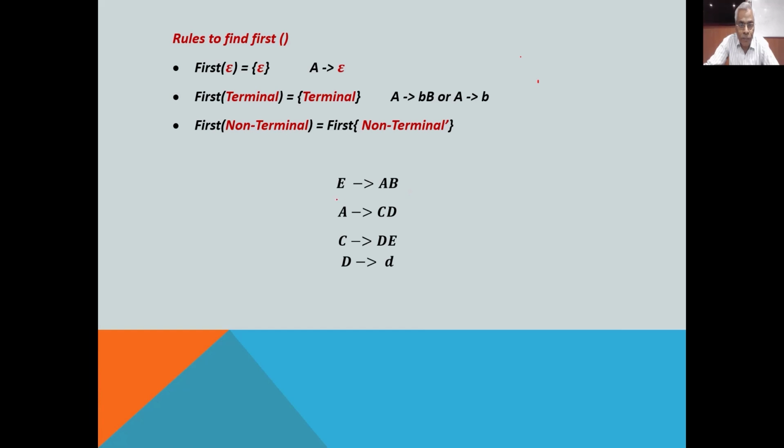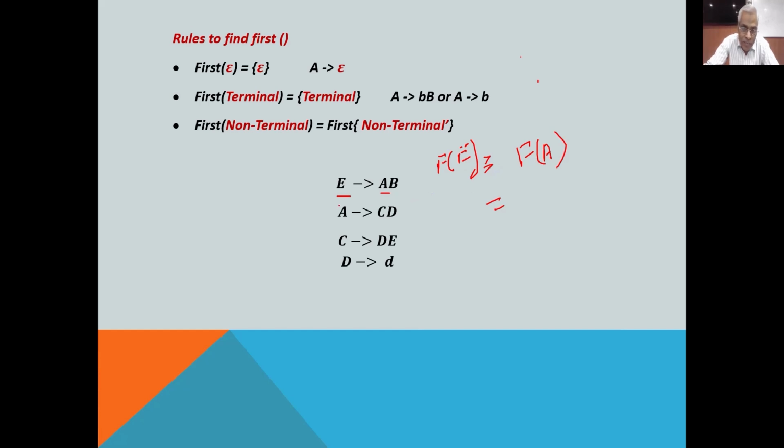First of E equals first of the first symbol of this production, first of A. And since this is a non-terminal, we check the other productions present in the given grammar.